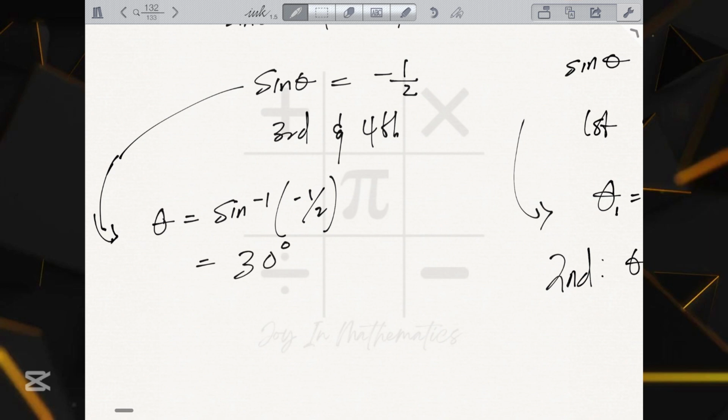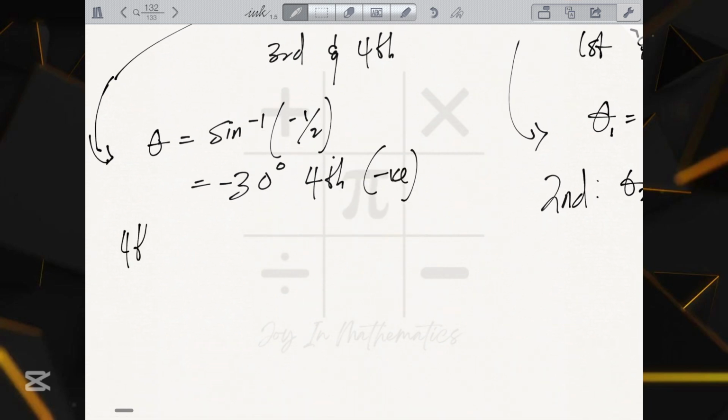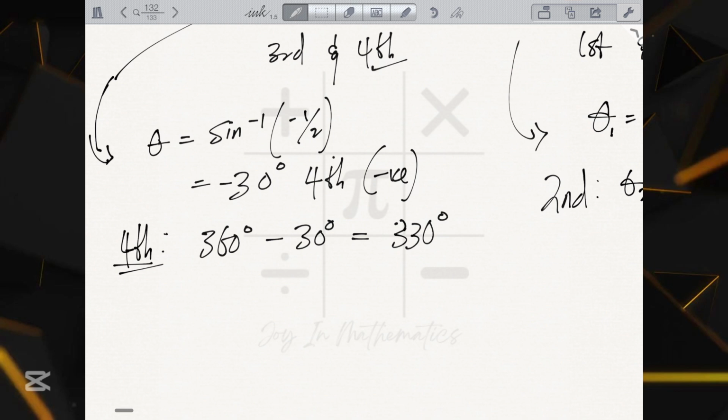Minus 30 degrees falls in the fourth quadrant, because it is a negative angle. To get the positive angle, let's use 30 degrees. The positive angle that falls in the fourth quadrant is 360 degrees minus 30 degrees, which equals 330 degrees. So we have evaluated for the fourth quadrant.